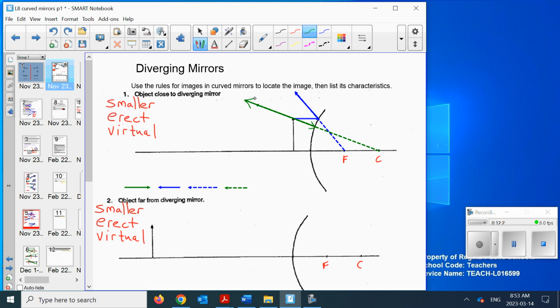Right? Same line. But we get a crisscross. This is where your image is going to fall. Smaller, erect, and virtual, as predicted. Your image is always going to form in that close region.